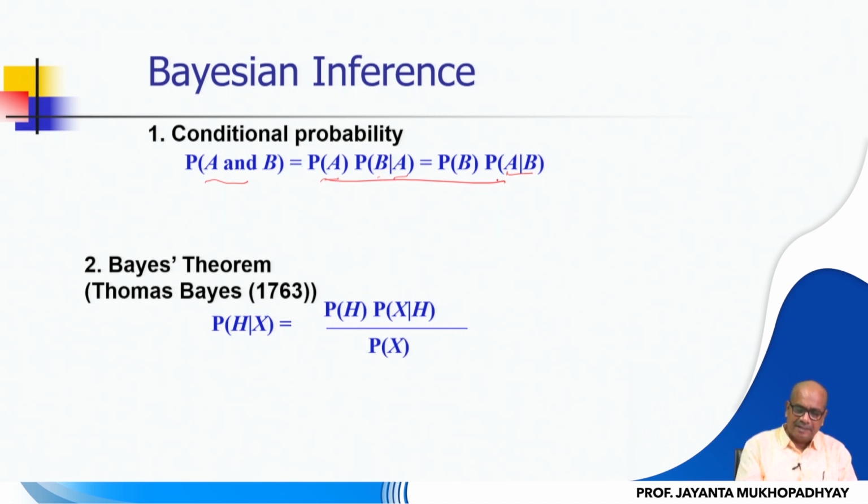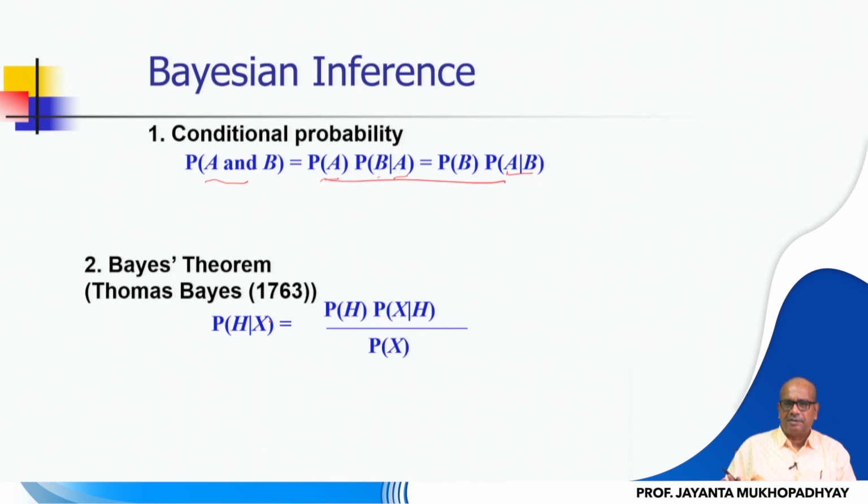So here you can express Bayes' theorem. It looks very simple, but it has tremendous interpretations and tremendous applications in various fields of science. So what it says: let us consider an observation and a hypothesis. The hypothesis here is belongingness to a class.